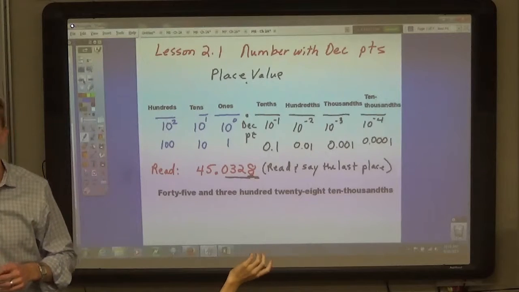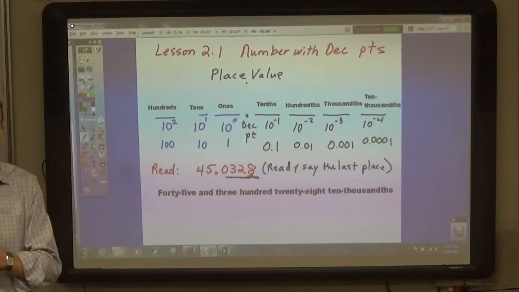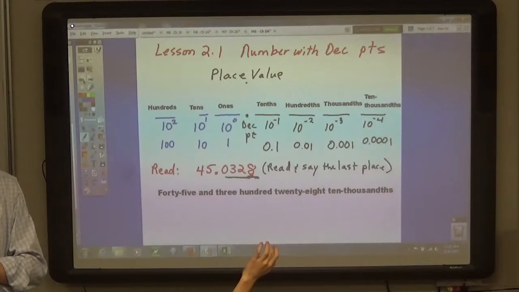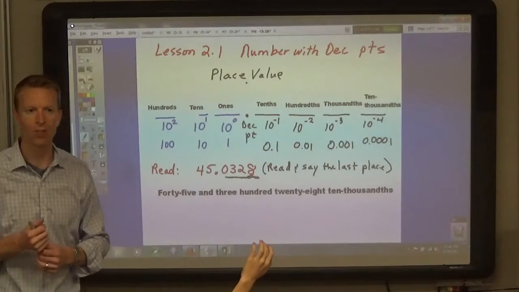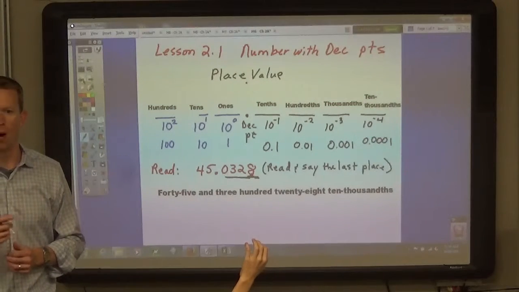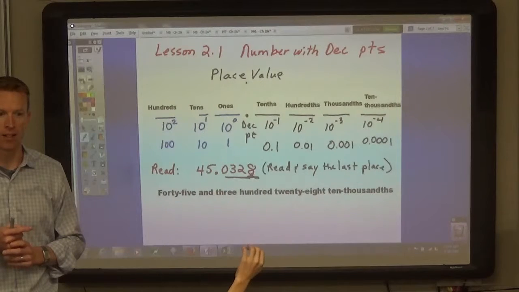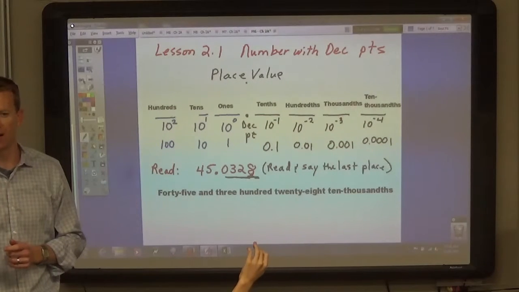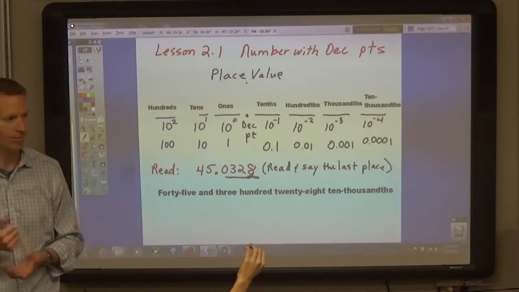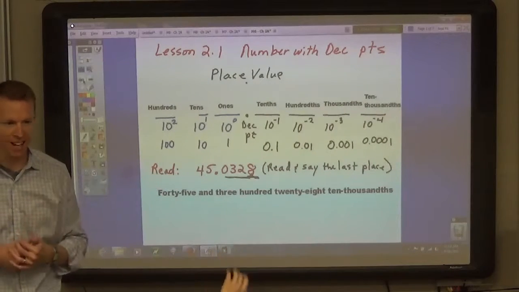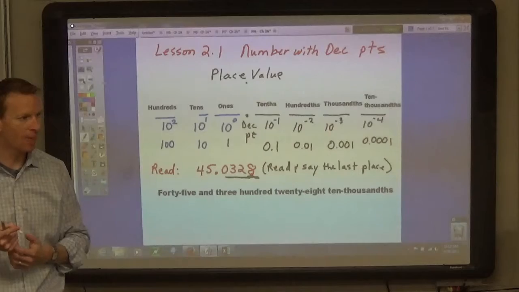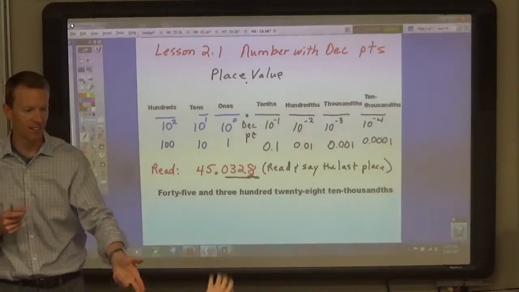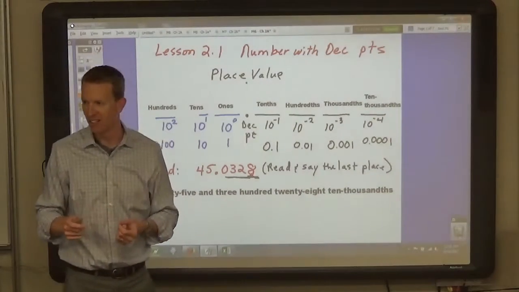1/10 of 10 is 1. Okay, of what? 10. So for example, a penny, 1 cent is 1/10 of a what? A dime. And a dime is 1/10 of a dollar.